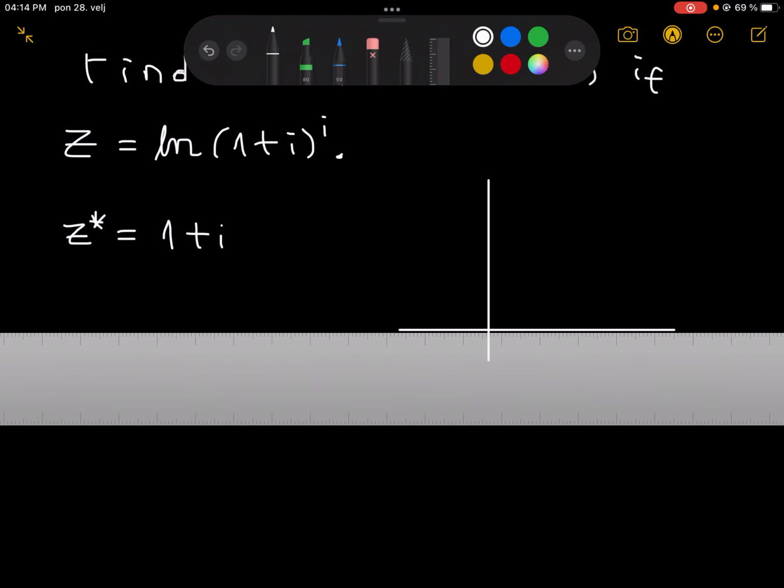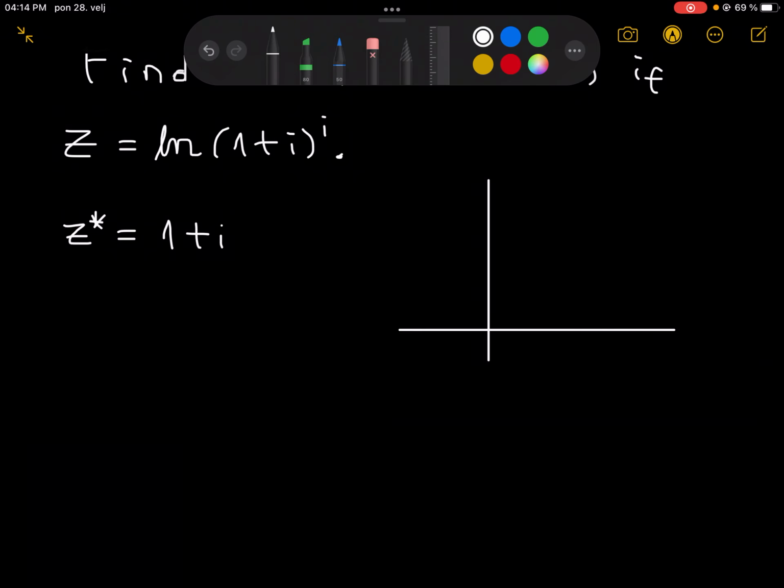So this is our imaginary axis, and this is our real axis.